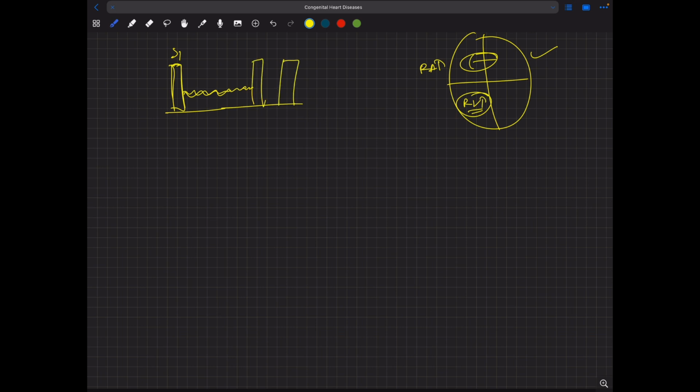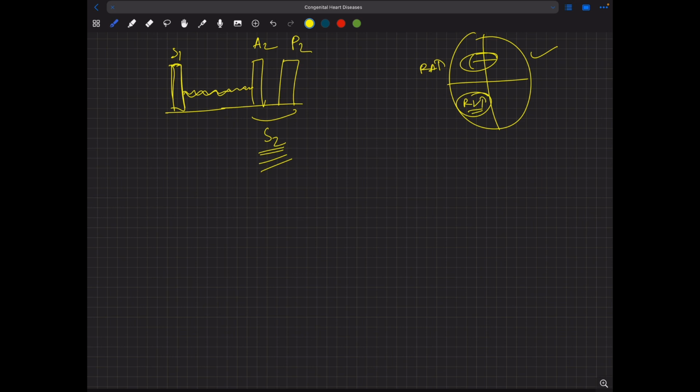So A2 closes before the P2. This is A2, this is P2, both make S2. In a normal person, there is physiological splitting of the second heart sound during inspiration, but during expiration there is no splitting.